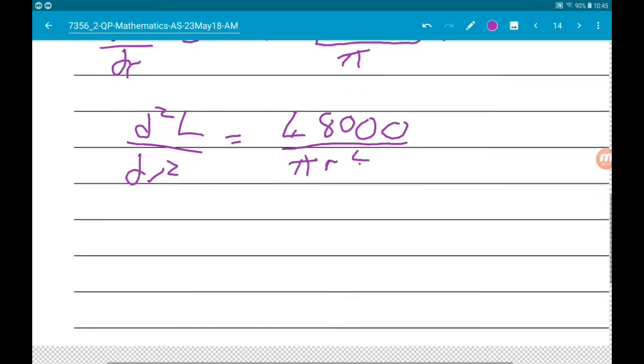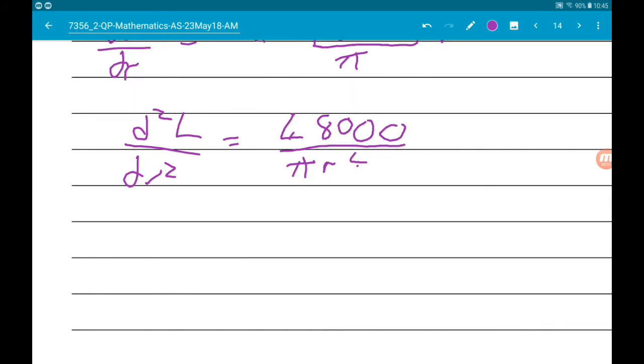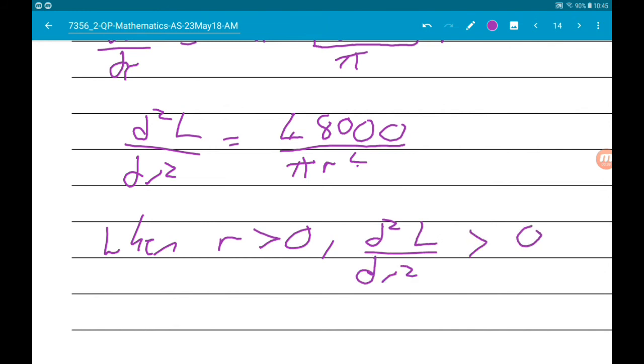Now we can see that is positive. So when r is positive, d squared L over dr squared is positive.